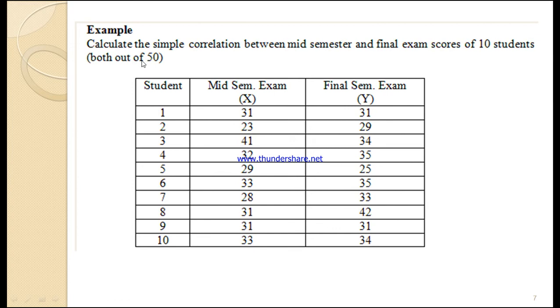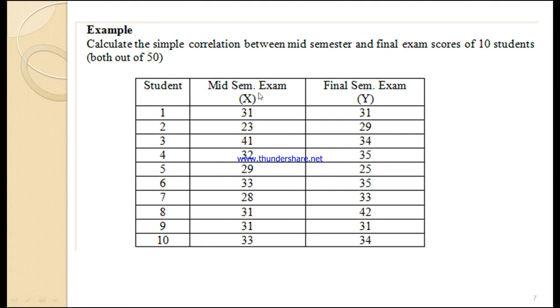For example, if we take 10 students as a sample, and if we gather midterm exam and final semester exam results of these 10 students, and if we summarize this data in terms of a table as follows, then we can start to examine the correlation between two variables x and y.